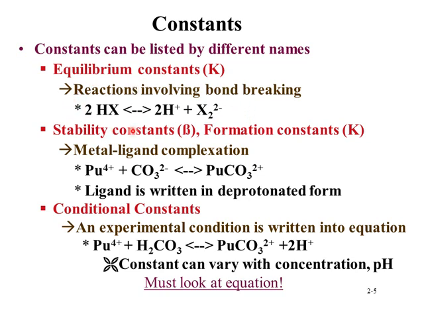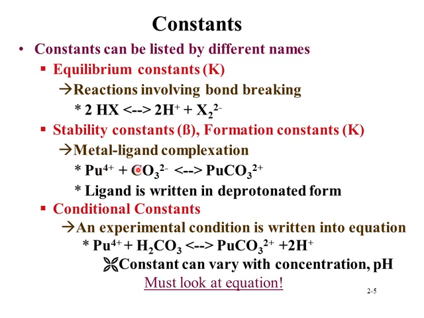I can also talk about stability constants or formation constants. Imagine we have plutonium with carbonate going to plutonium carbonate. Again, the complexation constant for this would be the concentration of the plutonium carbonate divided by the concentration of plutonium-4 times the concentration of carbonate.